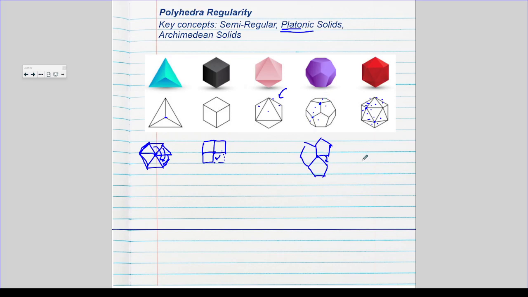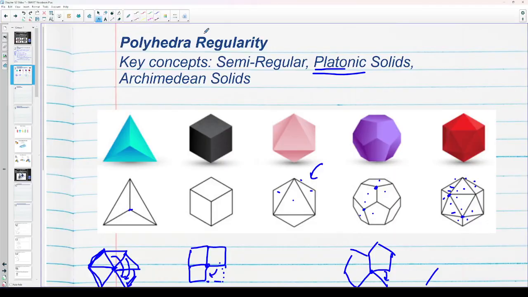If we go up one more shape to hexagons, and I try to put 3 hexagons together, so let's say our vertex is over here. Let me actually just use real hexagons, because I cannot draw hexagons well enough.